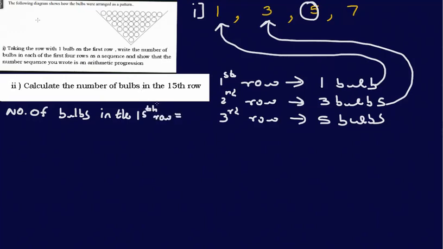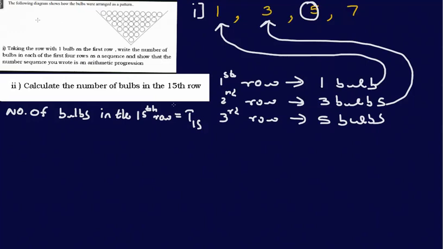By the 15th term. How do we write 15th term? Using symbol T15. So number of bulbs in the 15th row is equal to what? The 15th term that is coming in the sequence or in the arithmetic progression.